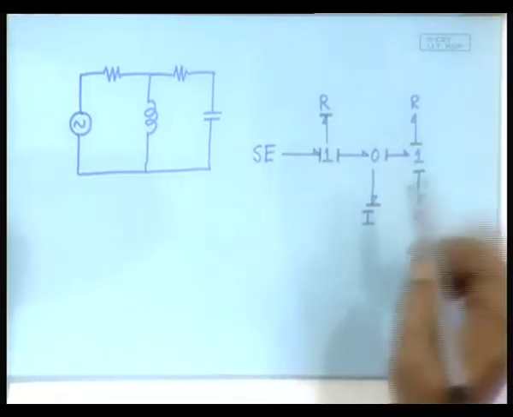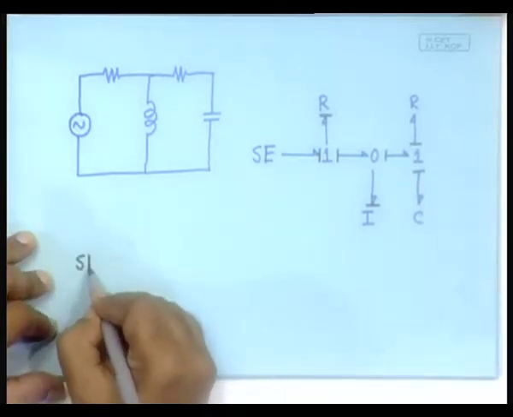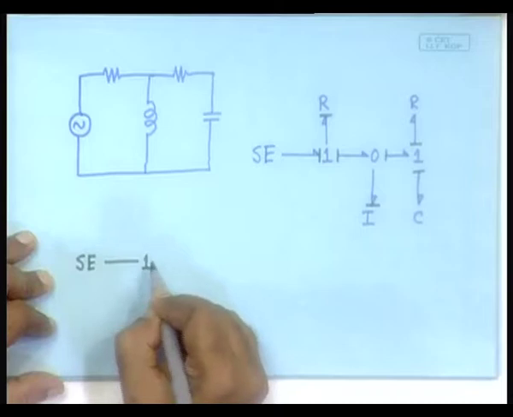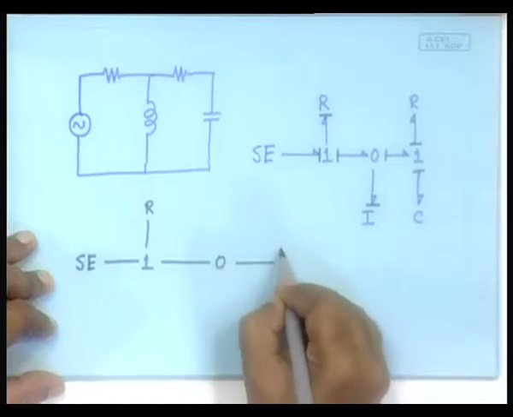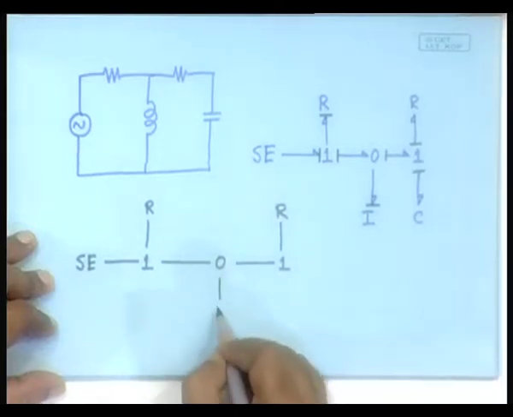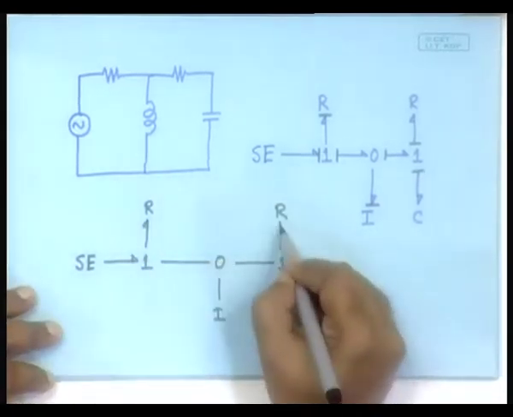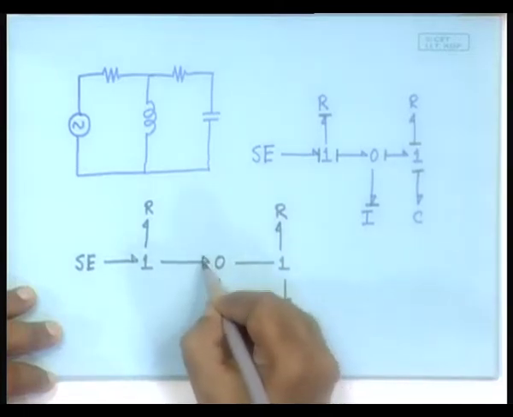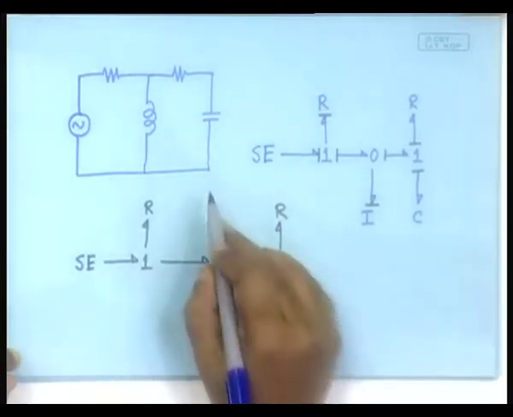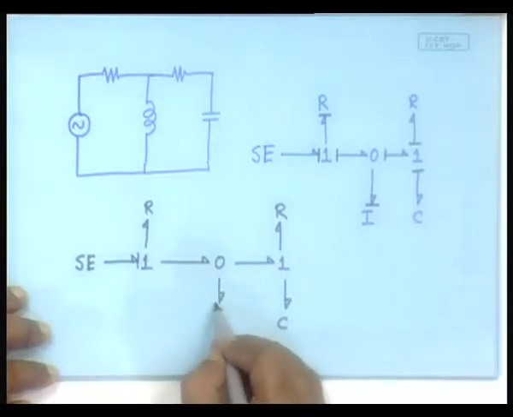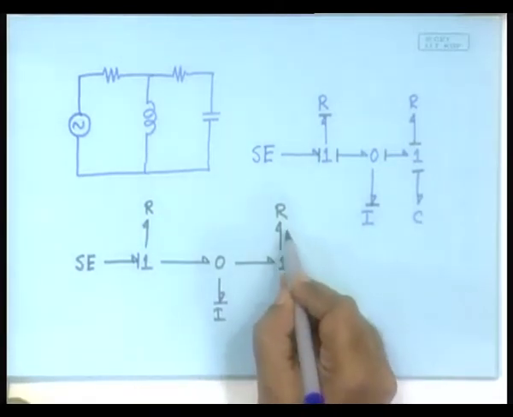Another fellow can say that no, I do not want to put the causality here, let us start from here. Let us do it here again. SE to an I to R to 0 to 1 to R, I, C. Now, the ones that we know already, let us put, and now that fellow said that okay, let us start from here.